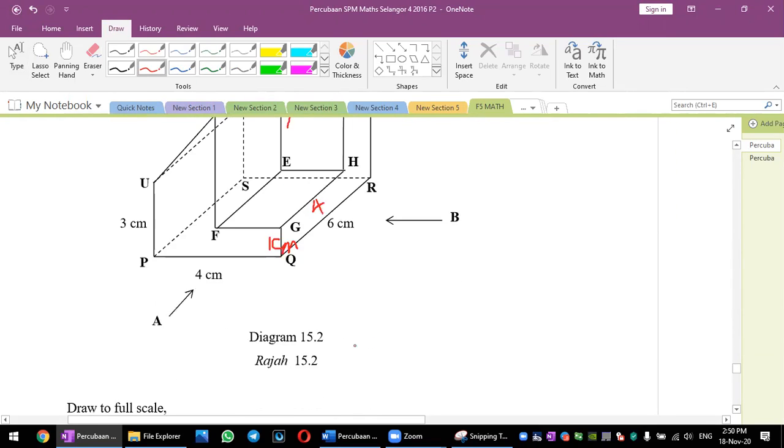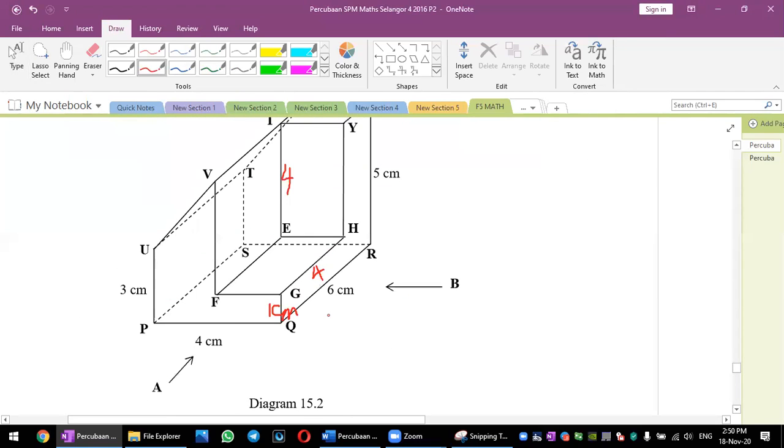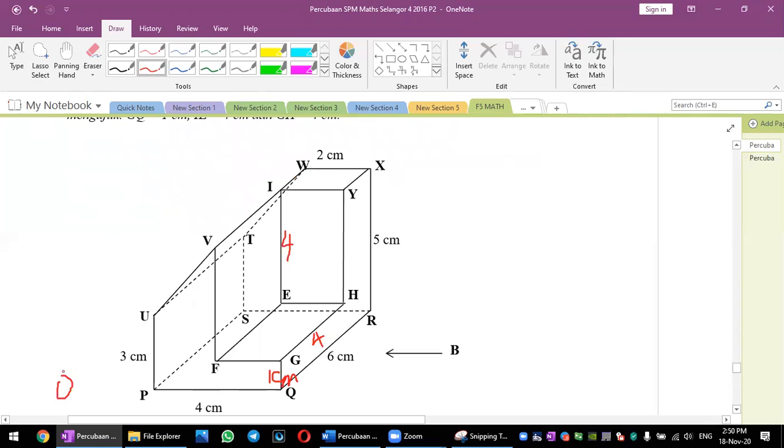Okay, so they ask you to draw from A. Okay, from A. So kalau from A, matahari dekat sini the sunlight is over here. So you will see that the diagram is to the behind, dekat belakang sini. You see the last part lah actually. Okay, so you see the last part, the diagram should be like this.